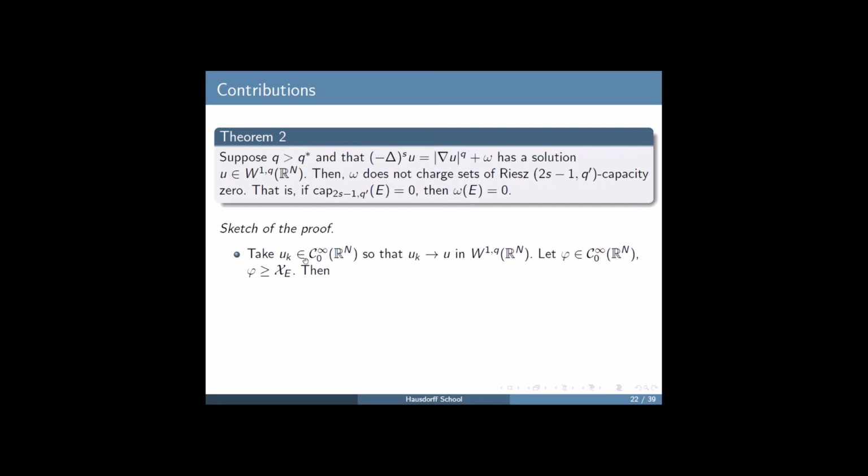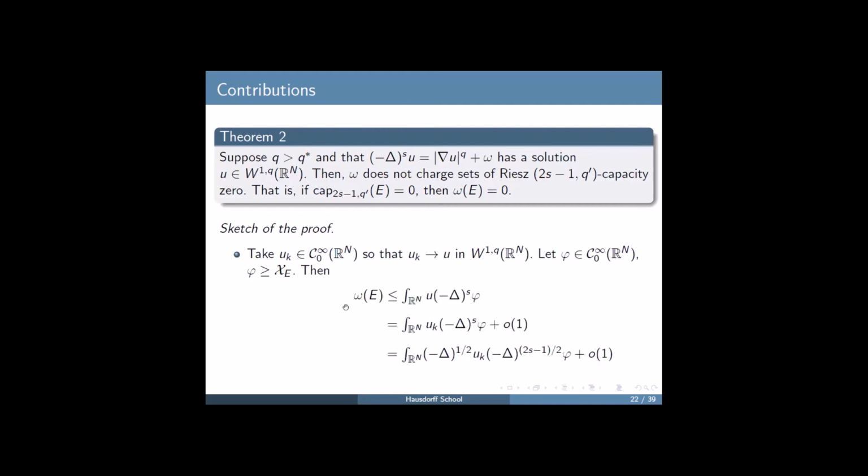suppose that you take smooth approximations of the function u, compactly supported, and take a smooth function in Rn with compact support greater or equal than the characteristic function of a set E. E here is a compact set.